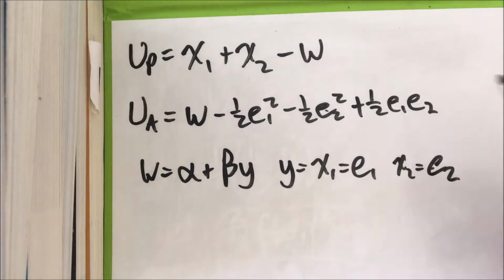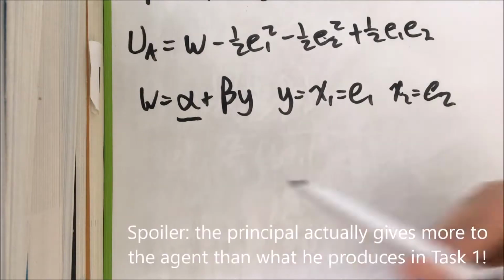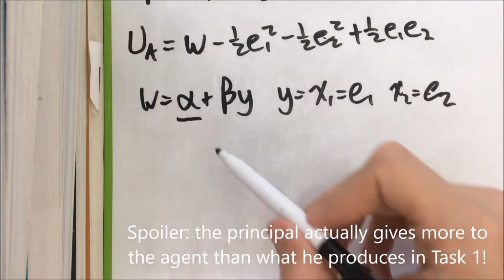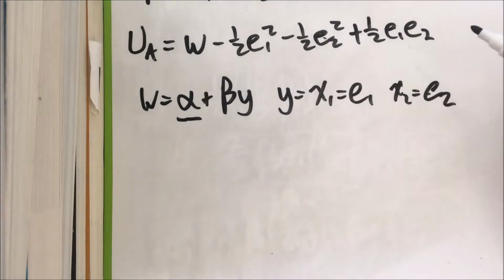Now, since the wage includes a fixed part, the principal is going to incentivize the agent by giving him all of the output, and then extract all that utility through this alpha, this fixed payment, which we expect to be negative. So basically the agent is going to have to pay the principal to work.